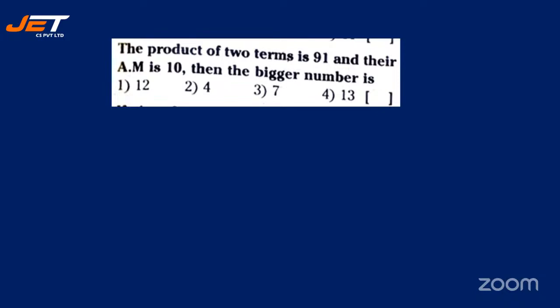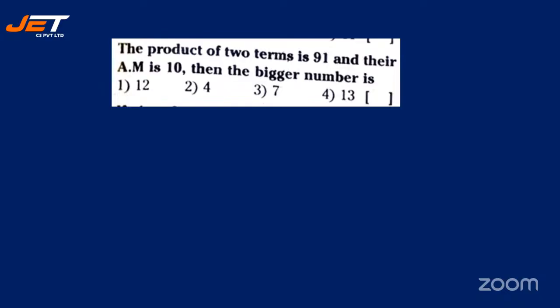All right. So the product of two terms, and their arithmetic mean is 10. Then you need to tell which is the bigger number.